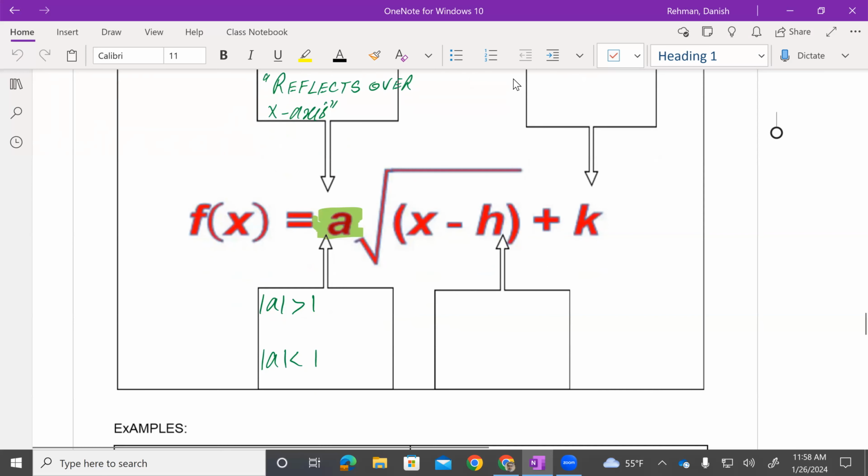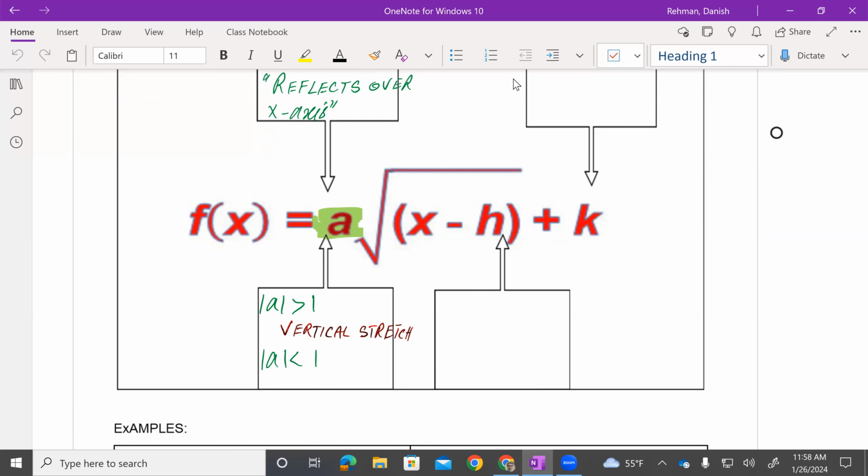We don't need to be bothered by the sign, even if it's -2, the number is bigger than 1. So that's what will help us determine that if A is greater than 1, we will say it's a vertical stretch. It's causing a vertical stretch to the curve, right?